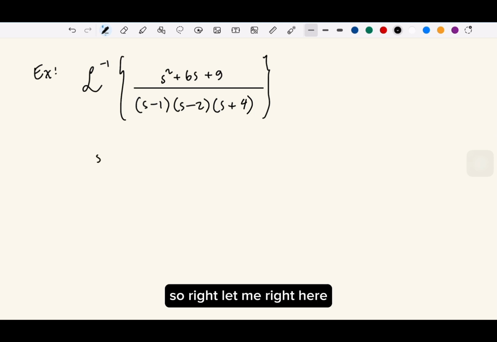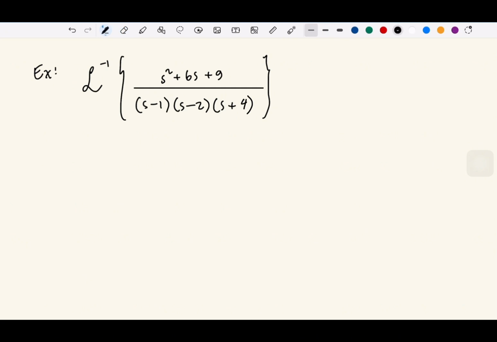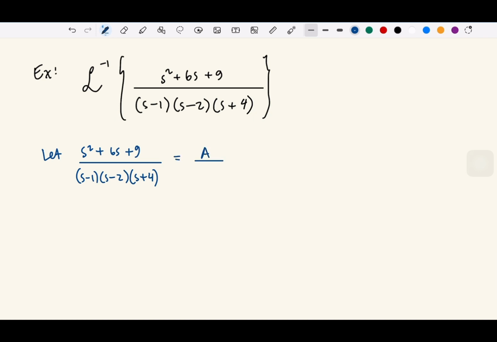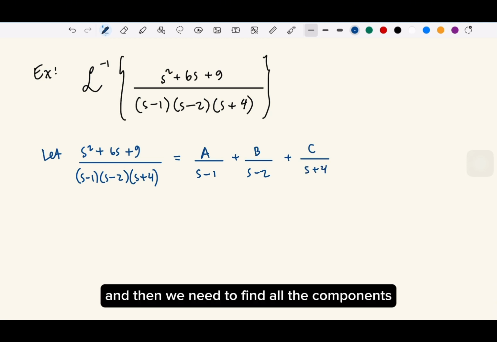So let me write here, let s squared plus 6s plus 9, okay, and then we can set up the partial fractions. And then we need to find all the components.